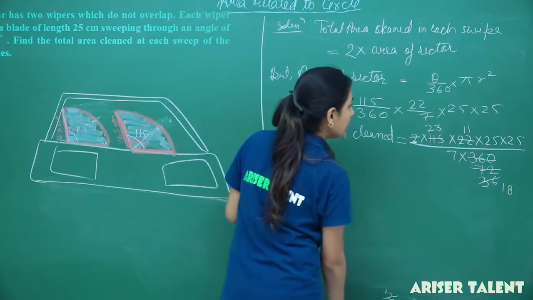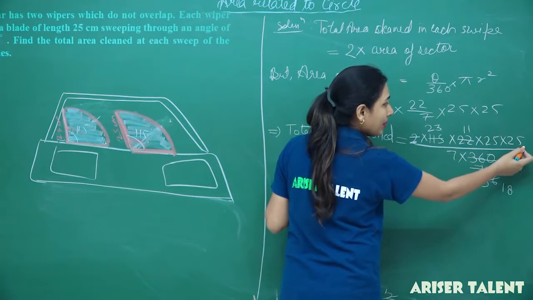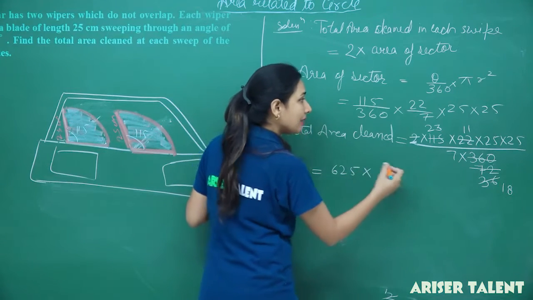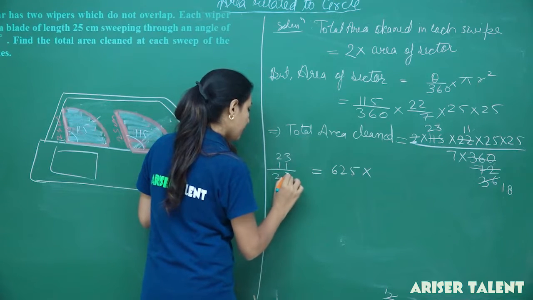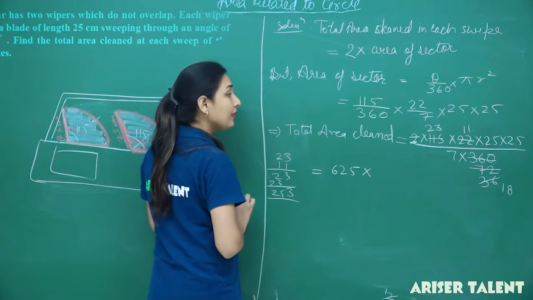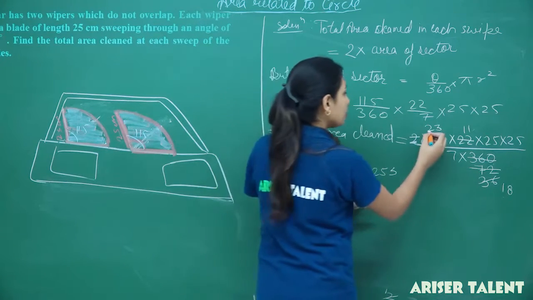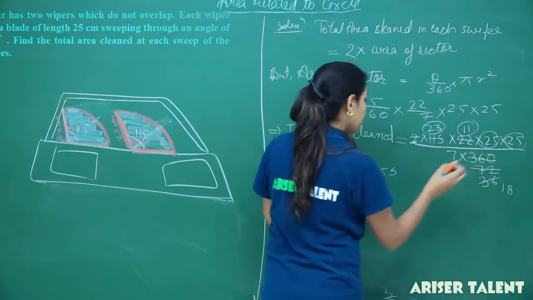I can just have this 25 multiplied by 25, what is it? 625 multiplied by this 11 and 23. 23 here, 5. So that will be 253. So I'll be taking this 23 and these two 25s and this 11. So complete here.